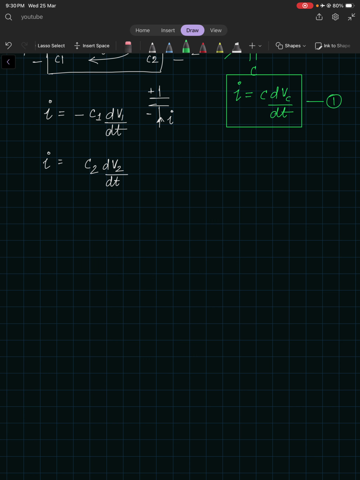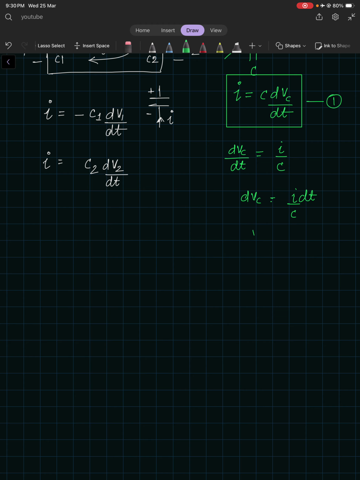So what will be the next step? If you want to calculate Vc in terms of I, let's integrate both sides. So dVc by dt is equal to I by C, and dVc will become I by C into dt.